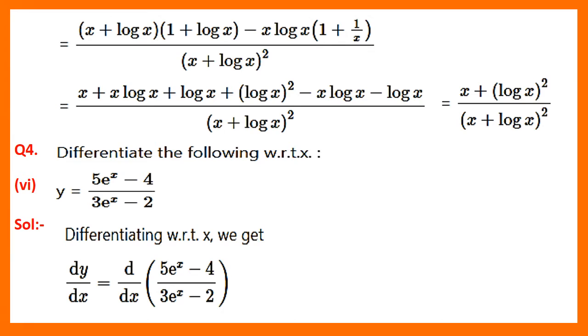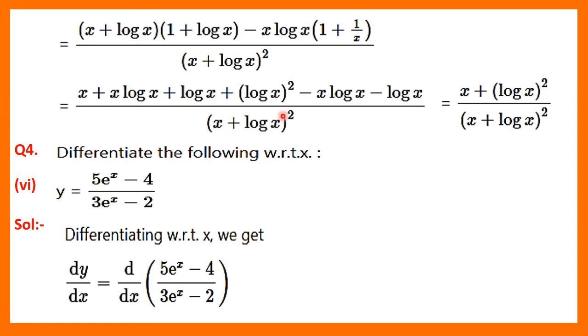On expanding all the brackets, we will get x into 1 is x, plus x into log x is x log x, plus log x into 1 is log x, plus log x into log x is log x the whole square, minus second term x log x into 1 is x log x, minus x log x into 1 by x is x will get cancelled and only log x remains there, minus log x, divided by x plus log x the whole square.